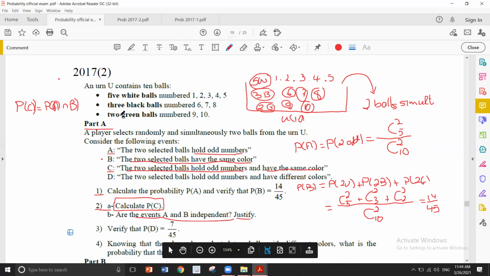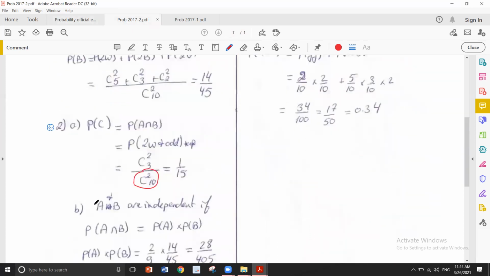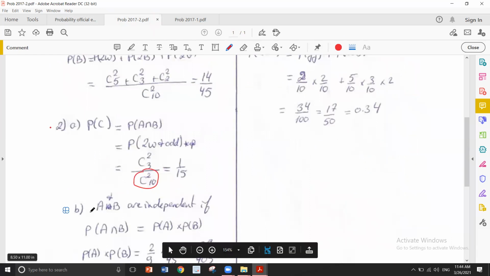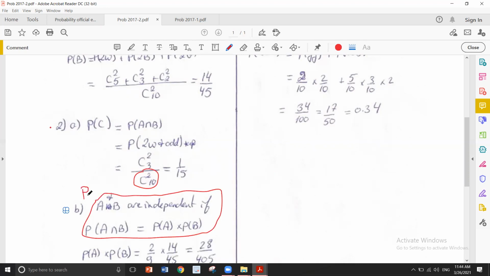There is a rule that says A and B are independent if the probability that A intersection B equals the probability that A times the probability that B. It is a rule.